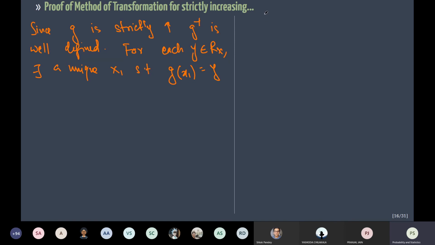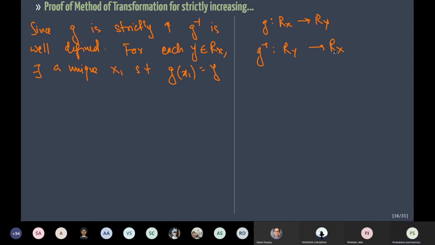Okay, so remember G is a function, right? So G is a function that's going from the range of x to the range of y, and G inverse will be from the range of y to the range of x.